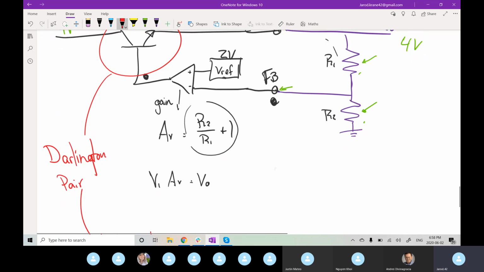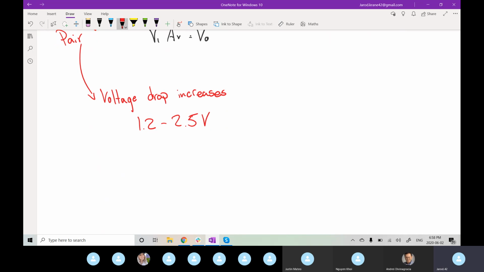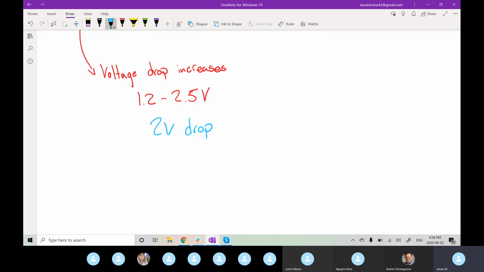The side effect to this is if we have a 2-volt drop across our transistor, in no case are we able to take 9 volts and spit out 8 volts.